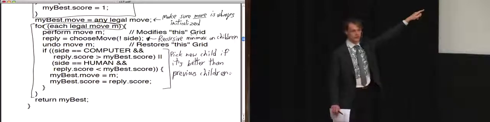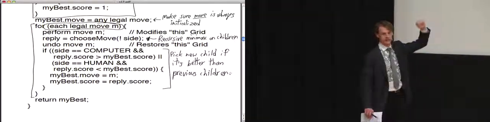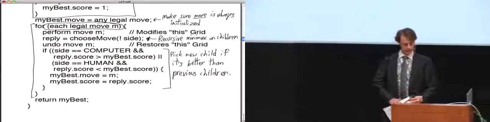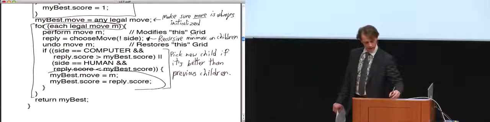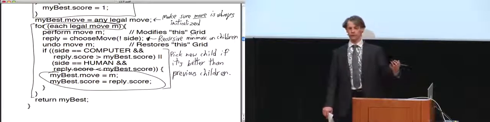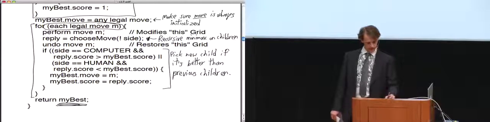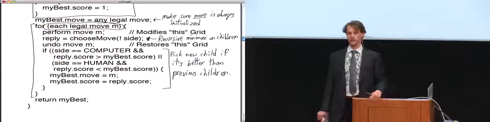If it's the human's turn, you're looking for a child whose score is lower than the previous best move. But if you find one of those, then you go ahead and you update the move object, that box I drew in the upper left, to have the new better move and the new better score. And then when the loop is done, you just return the best child that you have found.